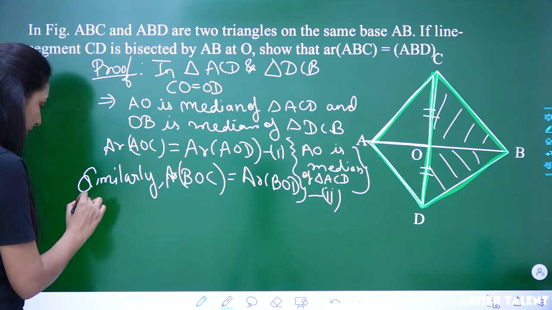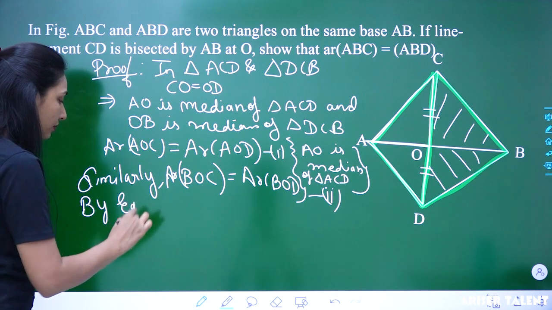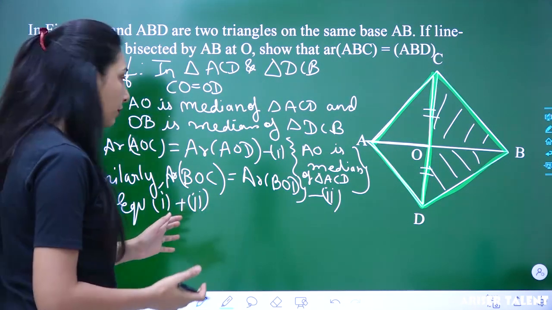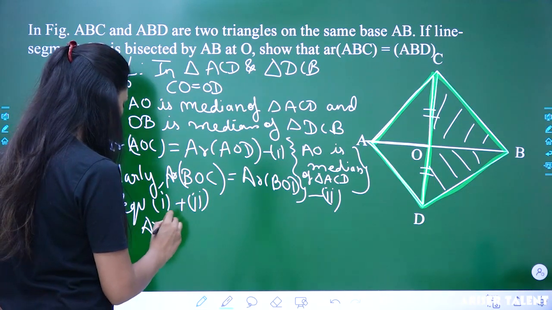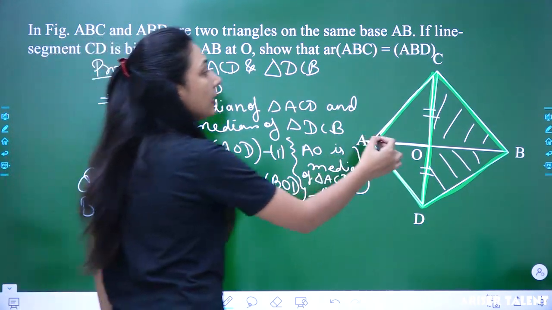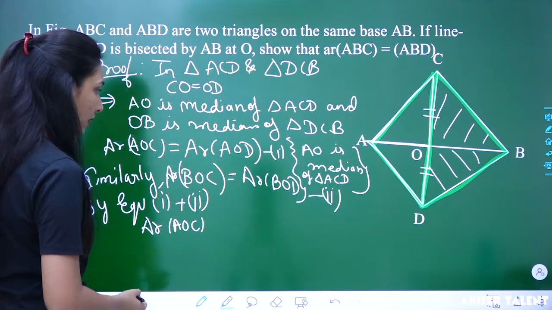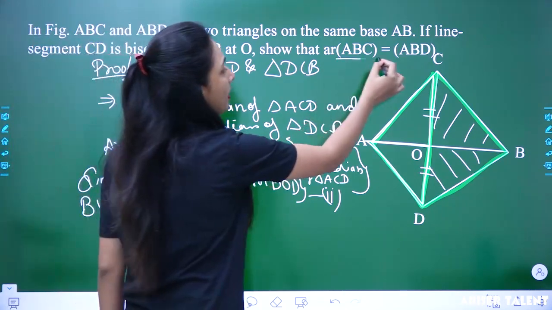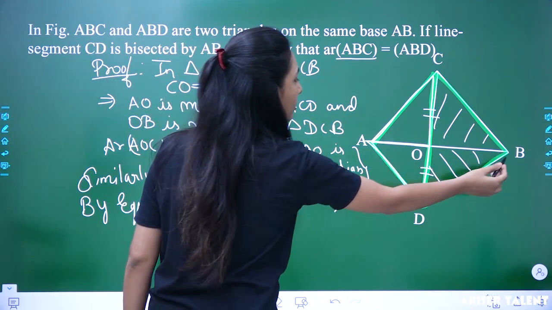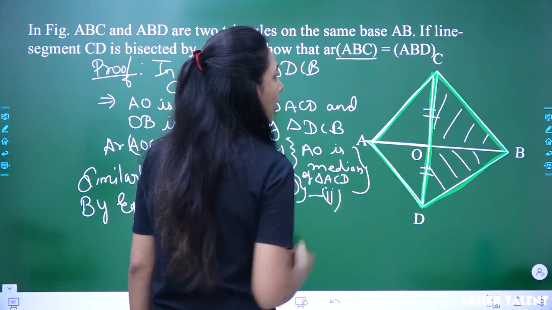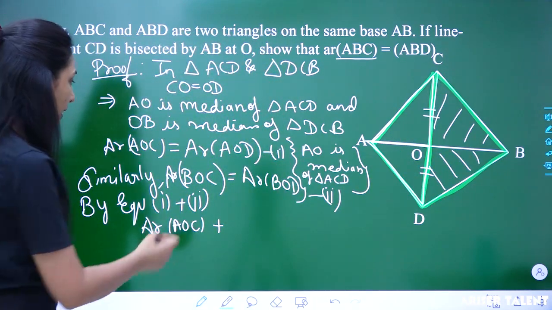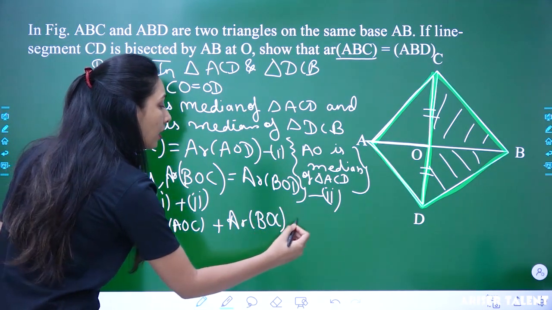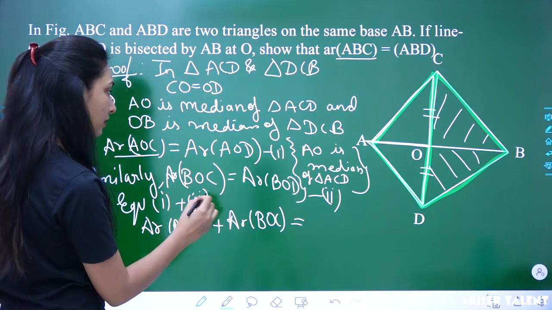Okay, now by equation 1 plus 2, add both the equations, we are going to have area AOC. We have to prove ABC. In order to prove ABC, we are going to have this complete triangle. So we'll be adding to this side area BOC. These two have been done, right.